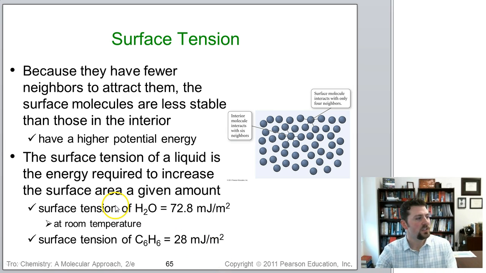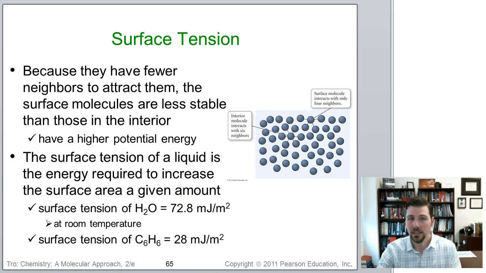The surface tension of water is about 72.8 millijoules per square meter at room temperature. And notice we're going to compare that to the surface tension of benzene here, C6H6, which is 28 millijoules per square meter. So how can you account for that difference in surface tension?